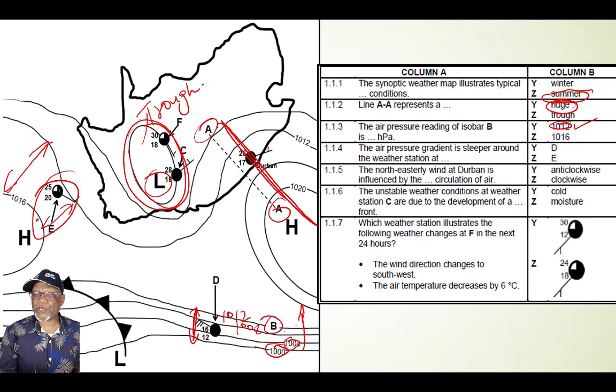Now let's answer this question. The air pressure gradient is steeper around the weather station at D. It will be D because the isobars are closer. But here, the pressure gradient will be gentle because the isobars are far from each other, which means the winds that will blow here will be weaker than the winds that will blow here. Let's see if it's true. Look at the winds here.